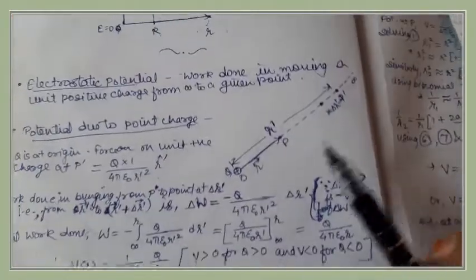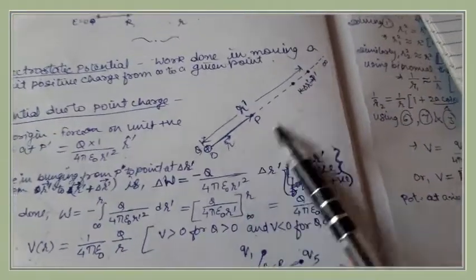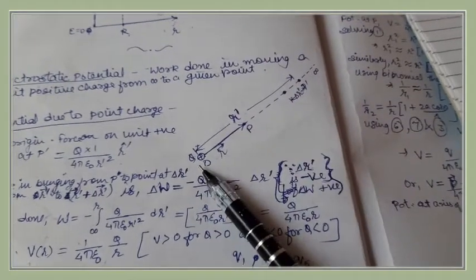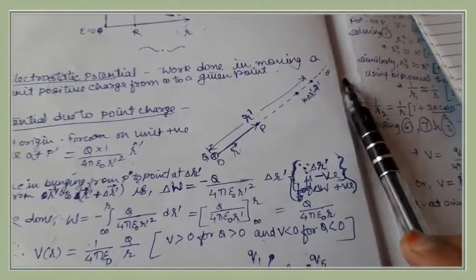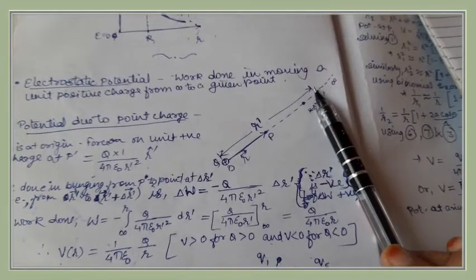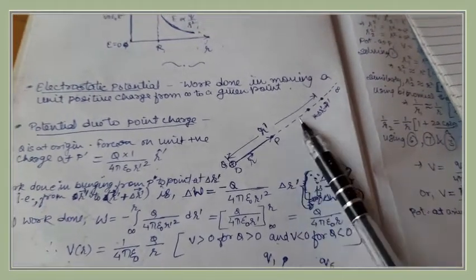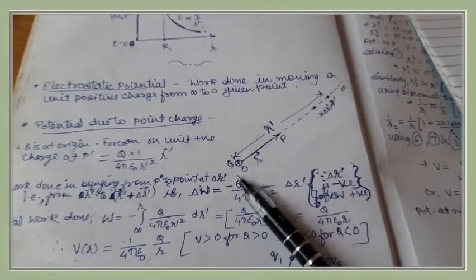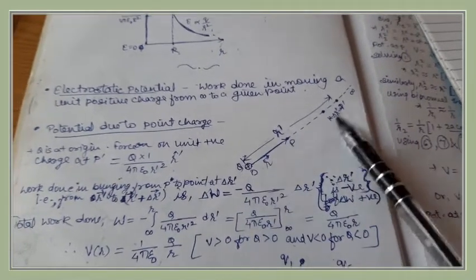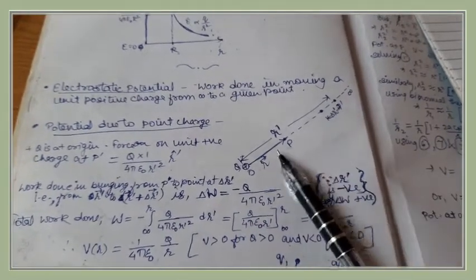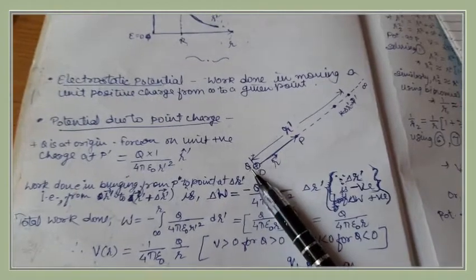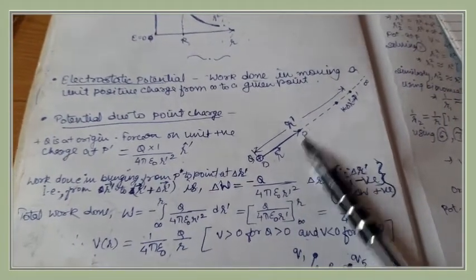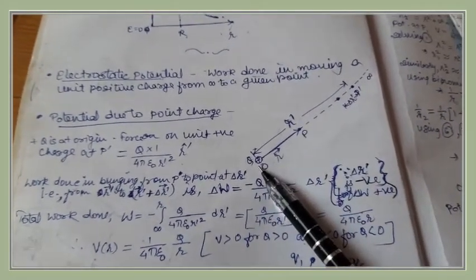So now, through a diagram you can explain the concept of potential. Suppose a charge is at infinity and you bring it to a point P in the presence of another positive charge. This is a unit positive charge which is at infinity. You bring it from infinity to some point P which is near a positive charge q.